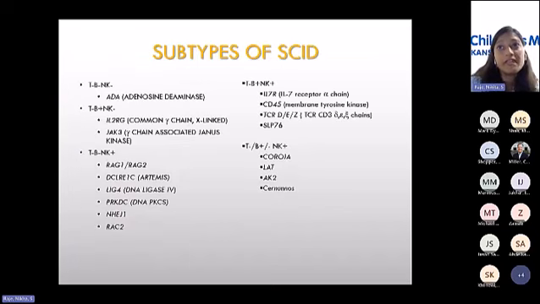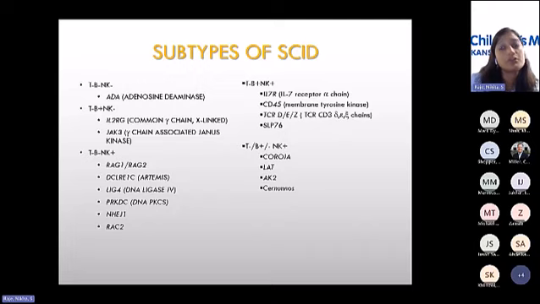So subtypes of SCID depend on the phenotype of SCID, which means whether, apart from T cells, B or NK cells are present or absent. So T minus, B minus, NK minus can be caused by ADA defect. That's where you can use the enzyme replacement. T minus, NK minus is the most common form, which is the common gamma chain defect, which is X-linked.